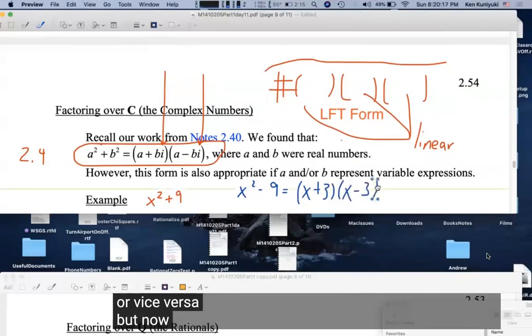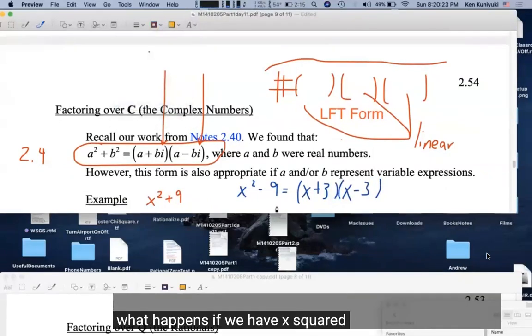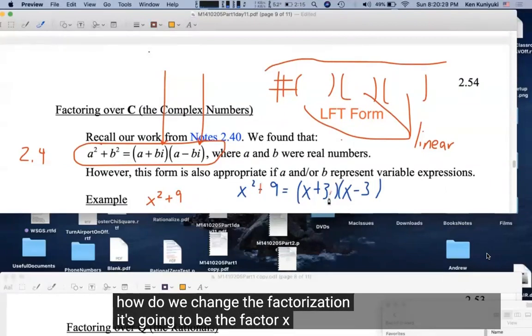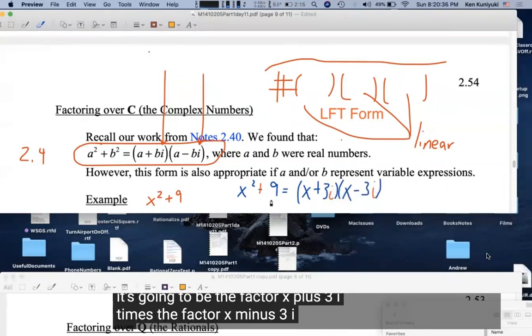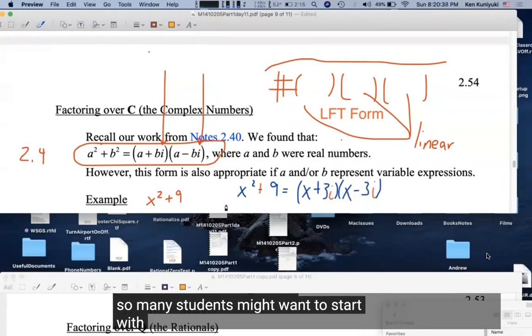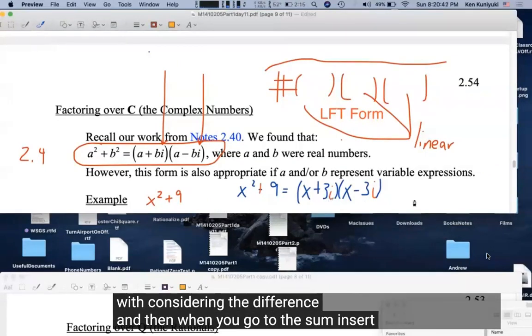But now, in red, what happens if we have x squared plus 9? How do we change the factorization? It's going to be the factor x plus 3i times the factor x minus 3i. So many students might want to start with considering the difference, and then when you go to the sum, insert the i's.